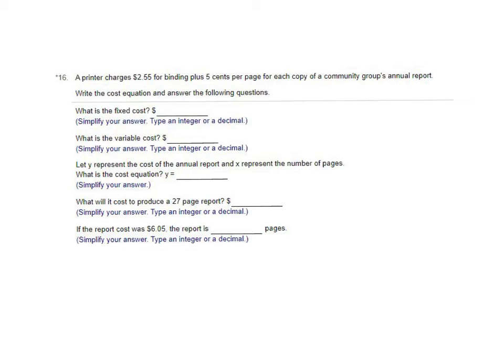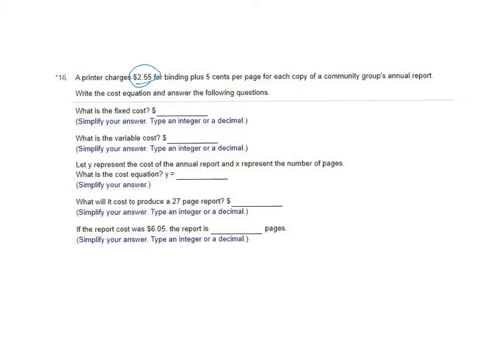All right, looking at number 16. Number 16 says a printer charges $25 for binding plus 5 cents per page for each copy of a community group's annual report. Write the cost equation and answer the following questions. Well, if we look here, what is the fixed cost?